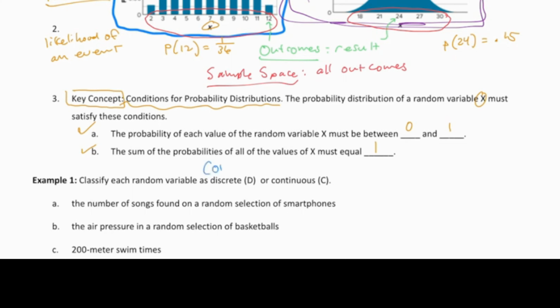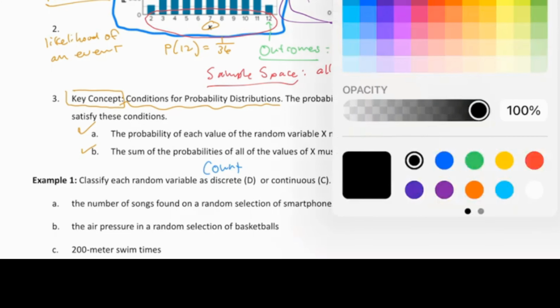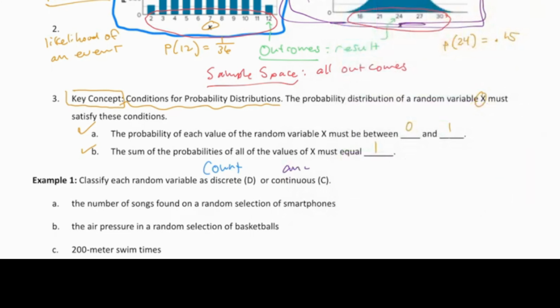You can count, that's a number, or purple, this could be any value. Those are from our notes above, right? So you can count the number of songs, right? The number of songs on a random selection of smartphones is discrete because the number of songs is countable.